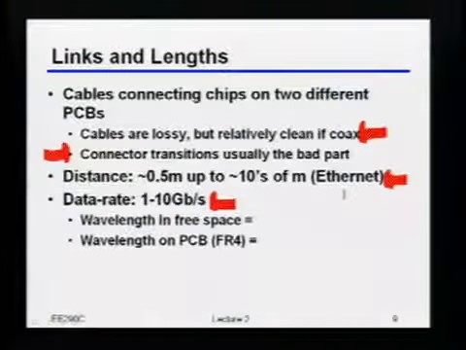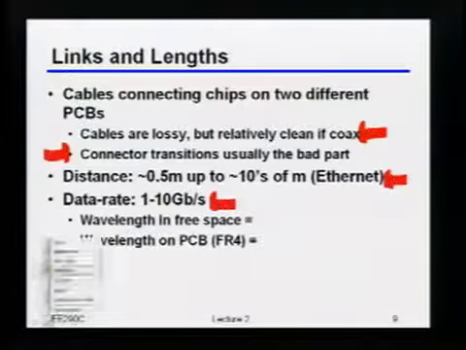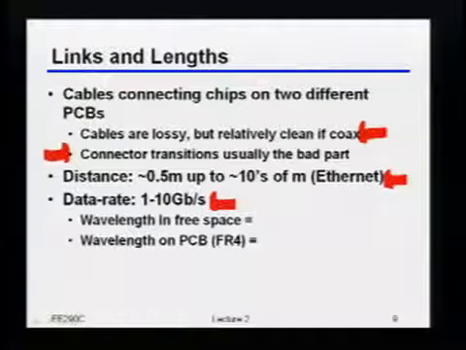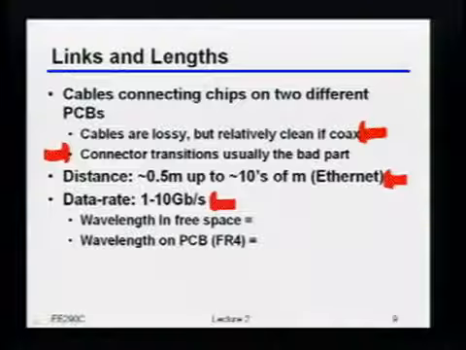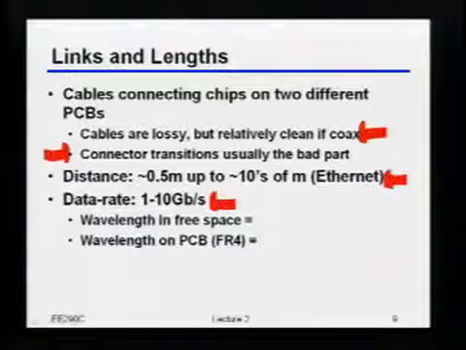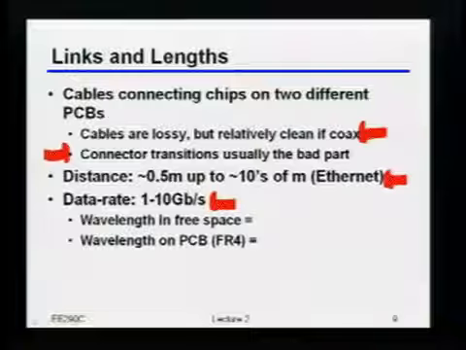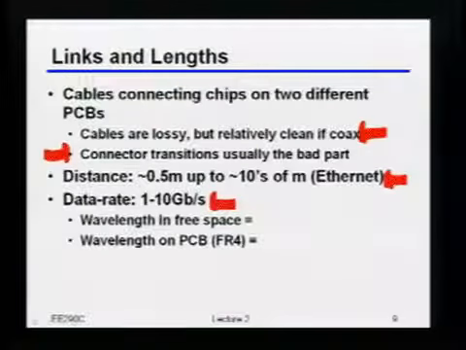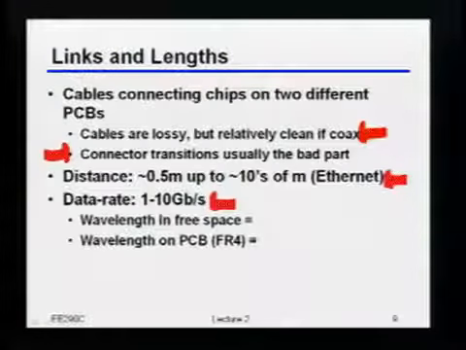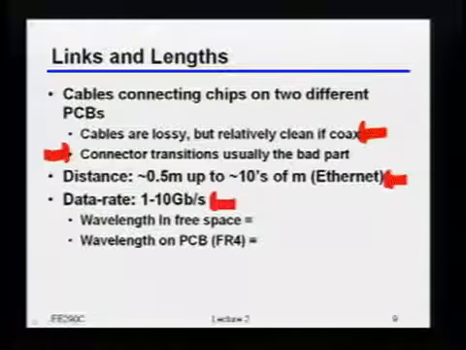Okay, so just to do our little exercise, what would be our wavelengths of interest here? I'll convert it to meters this time, because for whatever reason, cable people like meters, and board people like inches. So what wavelengths are we talking about here? 5 to 50 centimeters, basically.